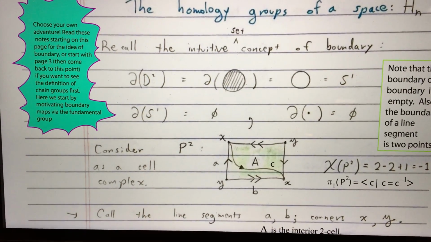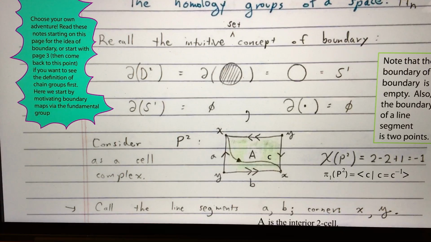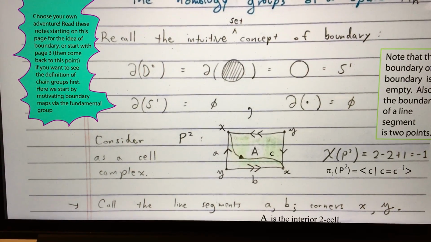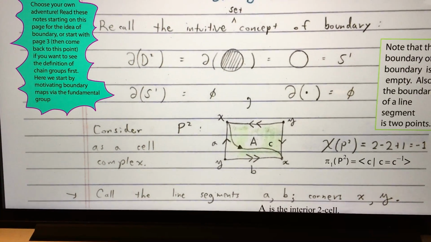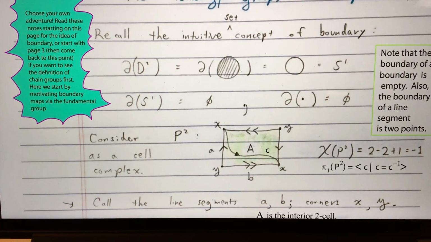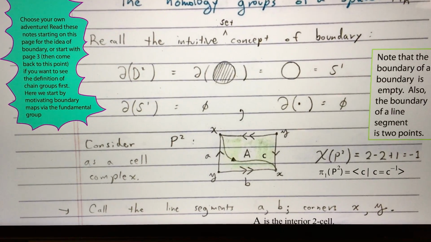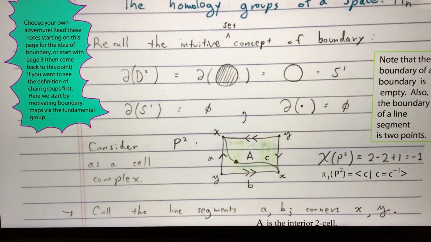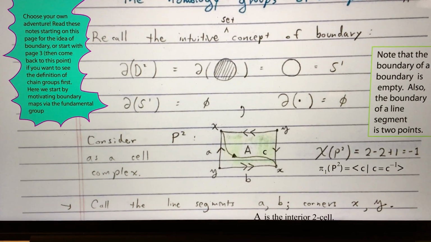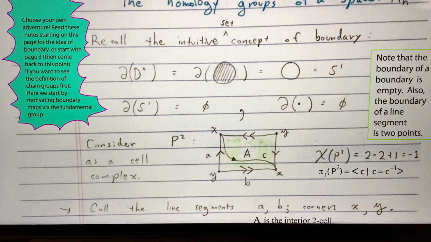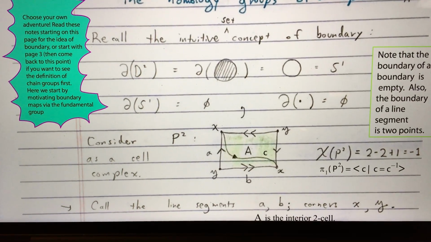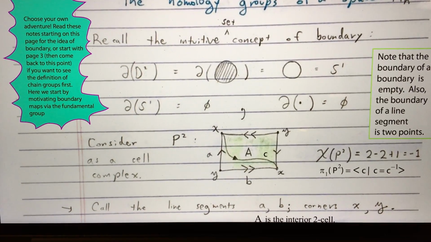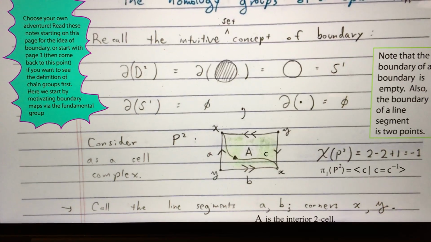Now, let's look at an example so we can see some boundaries and what we mean by taking the boundaries of a cell complex. This is the real projective plane P2 that we've seen before. I labeled the line segments A and B. Those are actually glued together. B is glued to the other double arrow, and A is glued to the other single arrow.